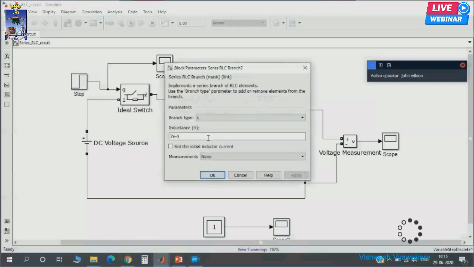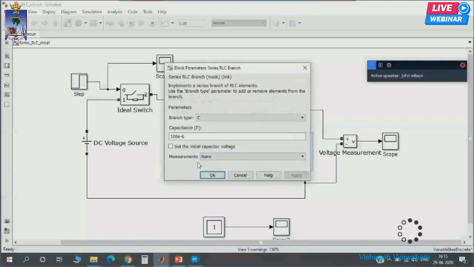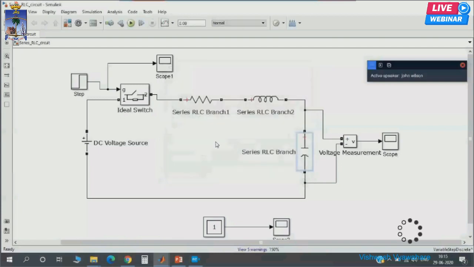You can see this 2 ohms here. L is 7 millihenry, and capacitor is 100 E minus 6, so it is 100 microfarad. And I want to see how the voltage across the capacitor changes.